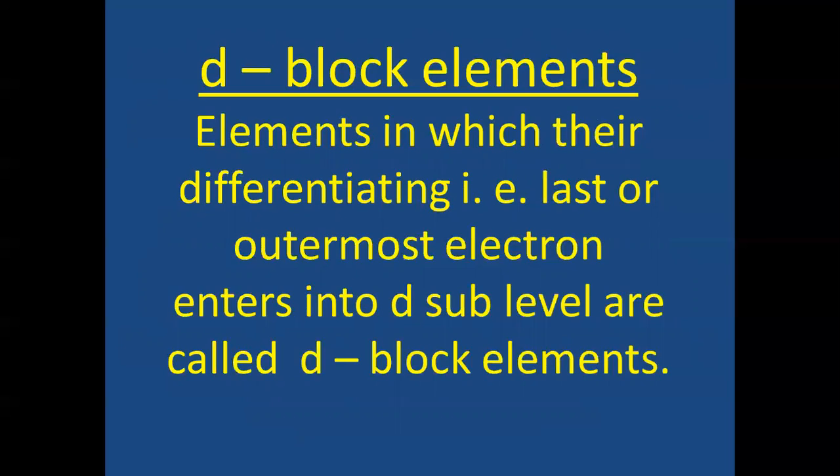I think you understood that. The last electron of an element, if it enters into d sublevel, then it is called d block element. For example, iron, copper, nickel, gold, silver, platinum, etc. All these elements will have the last electron in d sublevel.